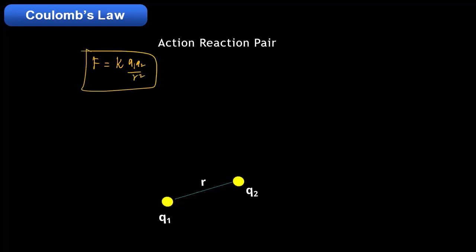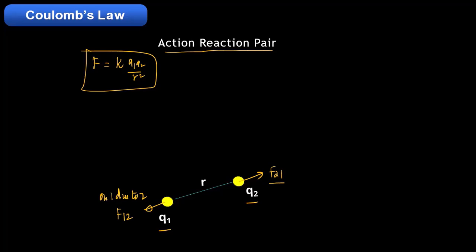Okay. Now this is known as the action-reaction. What is that? If there are two particles Q1 and Q2, on Q1 the force acting is F12. What is 12? It means the force on 1 due to 2. So 2 is offering the force. Similarly, F21 is in the opposite direction. F21 is acting on the second particle by 1.